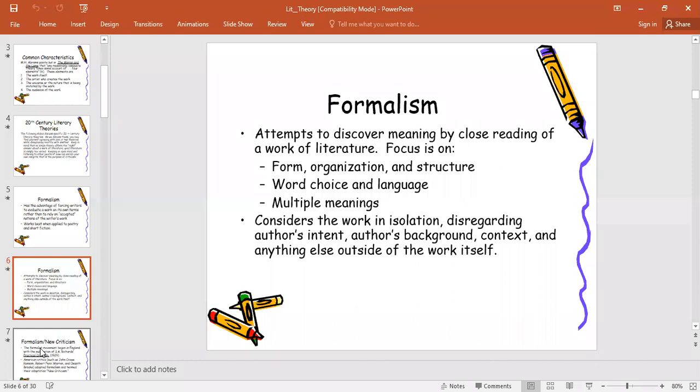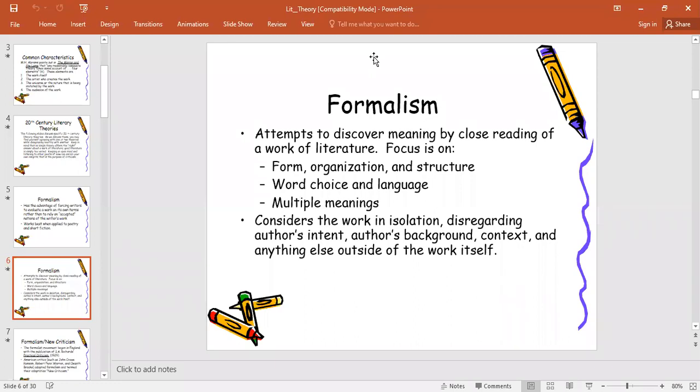So here, style is there, organization of work is there, structure is there, word choice and language, and what type of words have been used over there, and then the language plays an important role, and then there are multiple meanings of words which are always used.